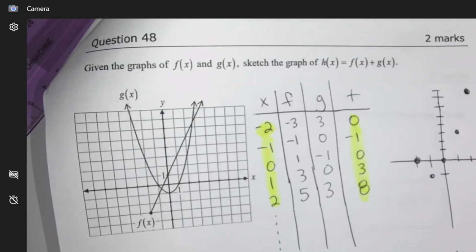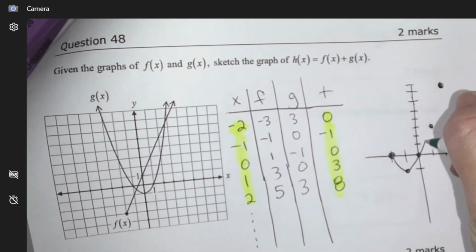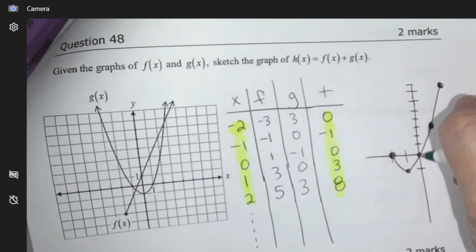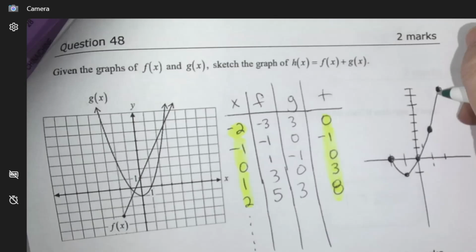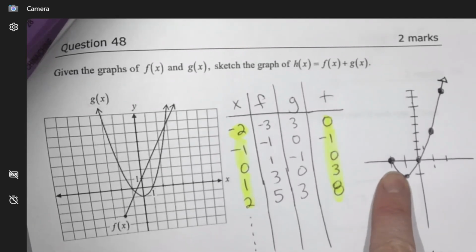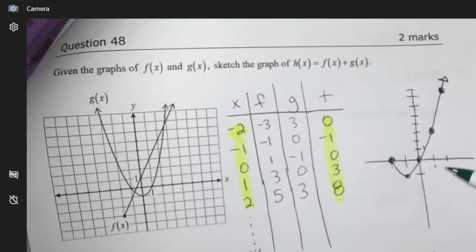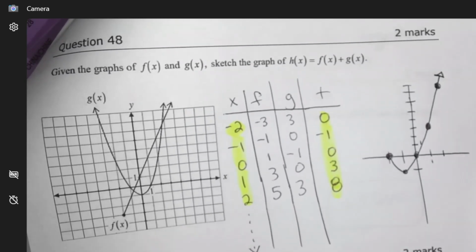So to me, it looks like a pattern. I'm seeing a quadratic shape. And I am missing something. An arrow, and it has to be on the right, but not on the left. Okay, because look at our domain again, -2 and then forever.